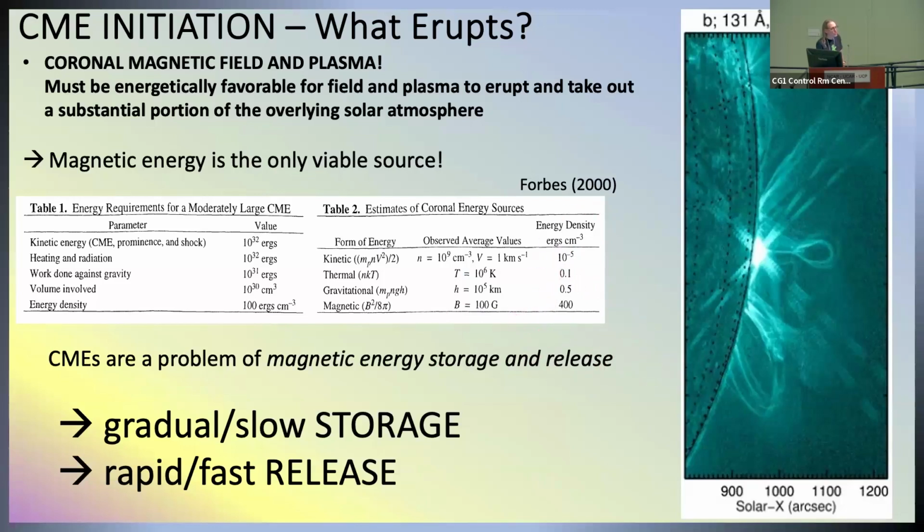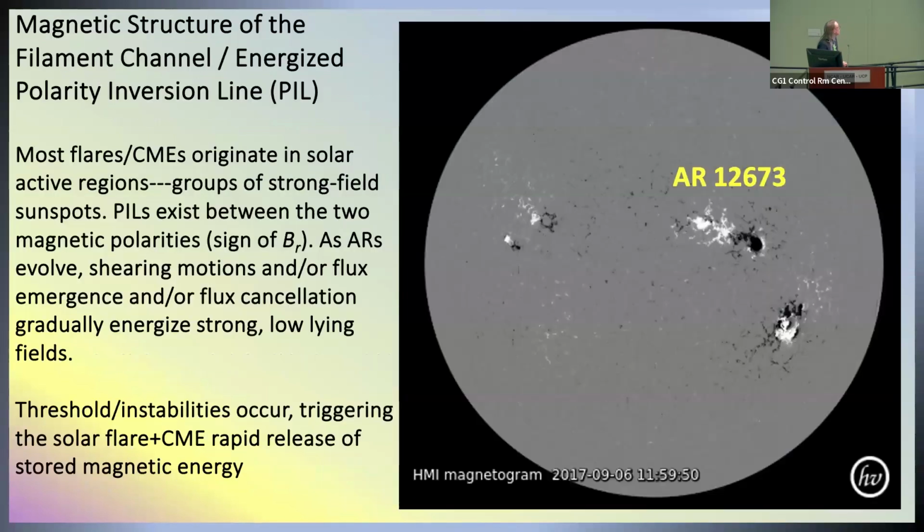So the whole question about CMEs is a problem of magnetic energy storage and magnetic energy release. And CMEs are impulsive because the storage is slow. The time scale is a long accumulation of gradual energy buildup, and then a rapid release. The difference in those time scales means the phenomenon is as impulsive as it is.